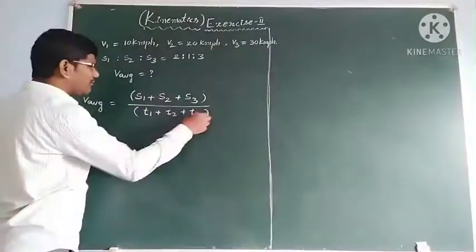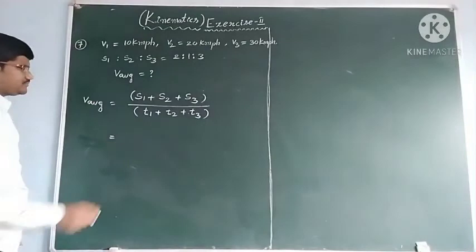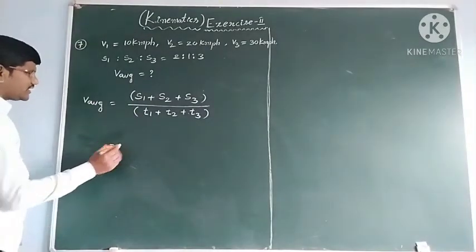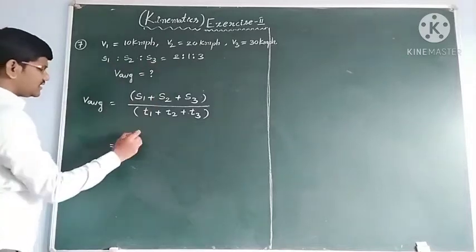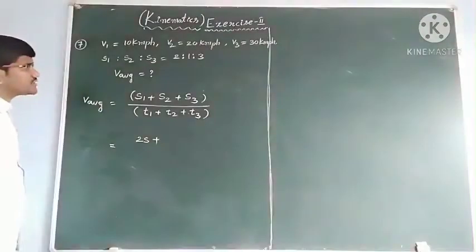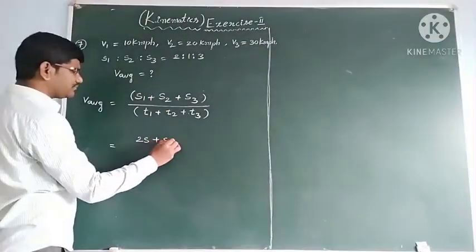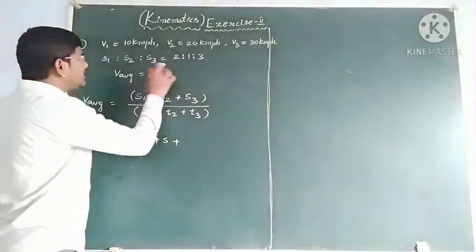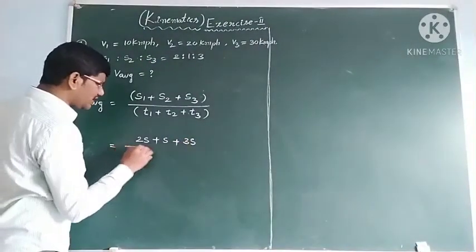This is the formula, but it is in terms of S1 and V1. So see students, S1 means 2, so 2s. S2 means 1 ratio, that is s. And S3 means 3 times, so 3s.